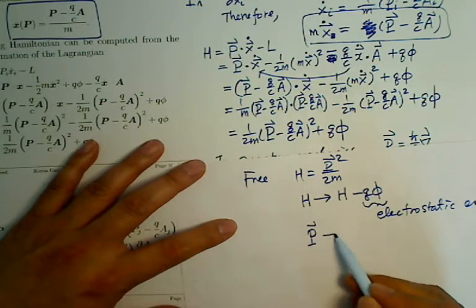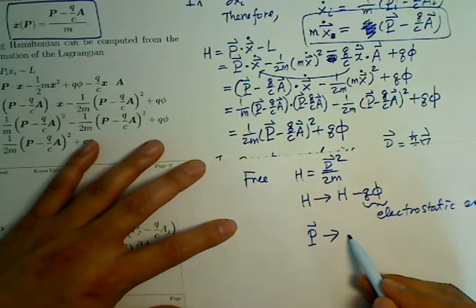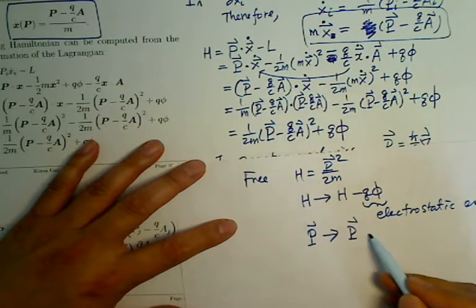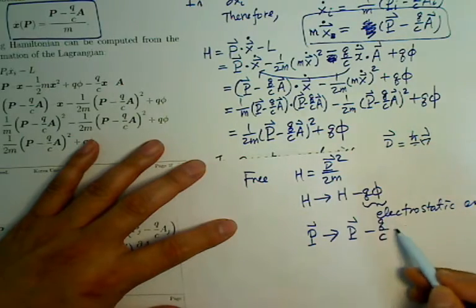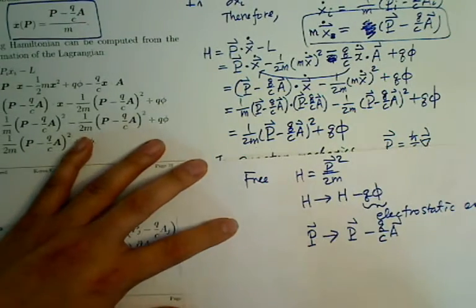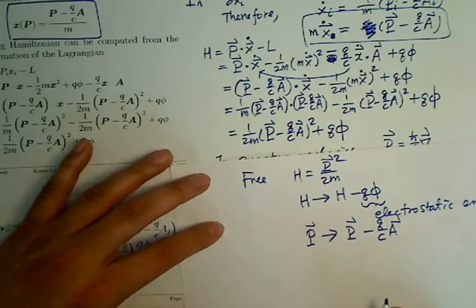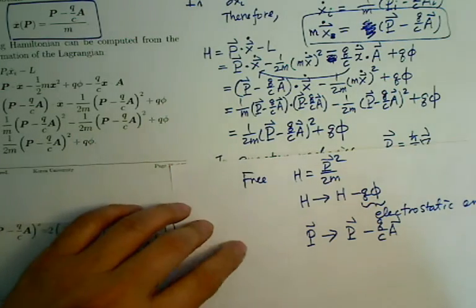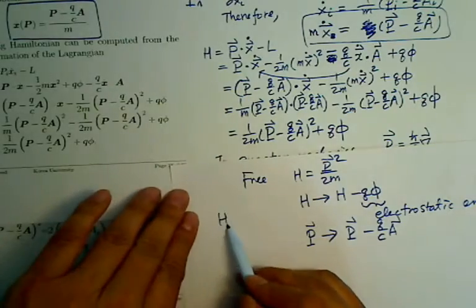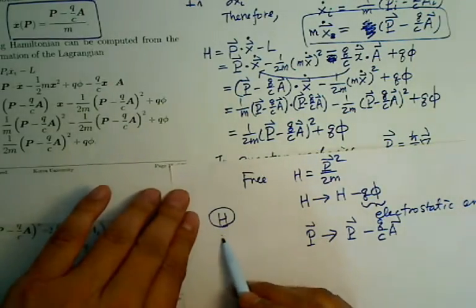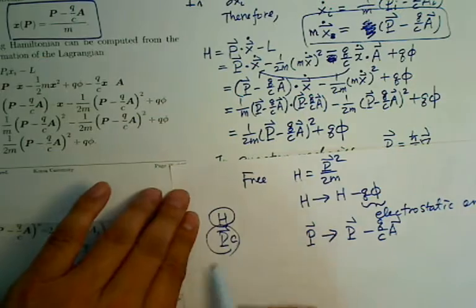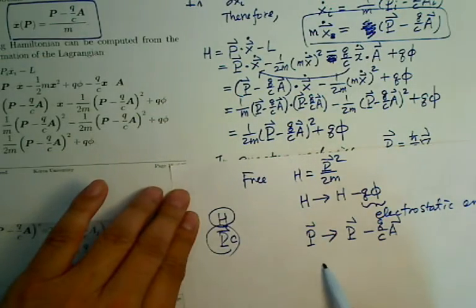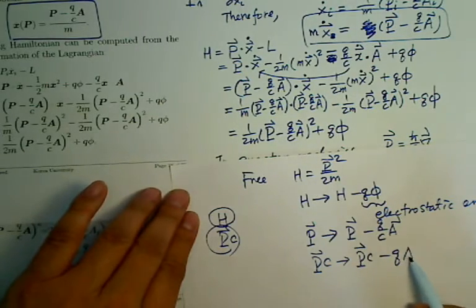Momentum p is to be replaced by p minus q over c A. And actually the Hamiltonian has the scale of energy, and pc has the scale of energy. So if I use that, pc goes to pc minus qA.